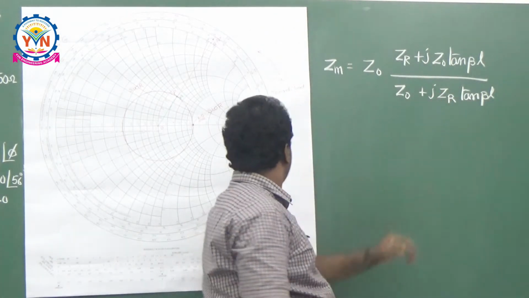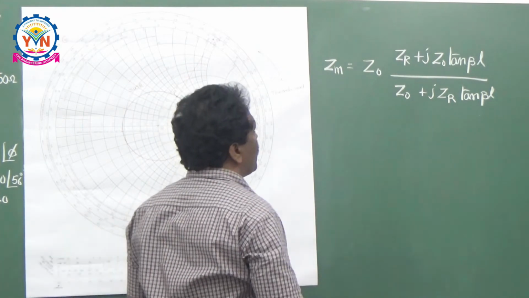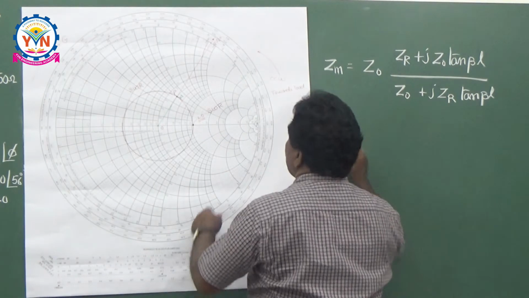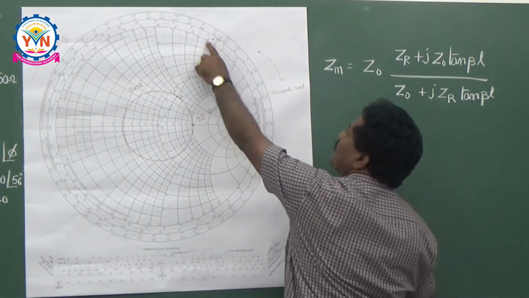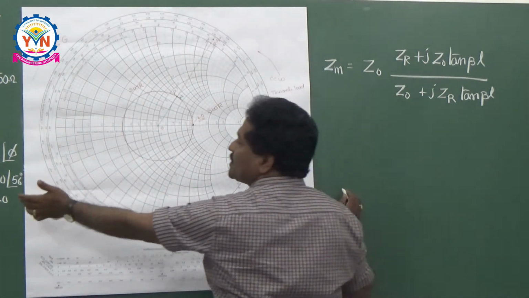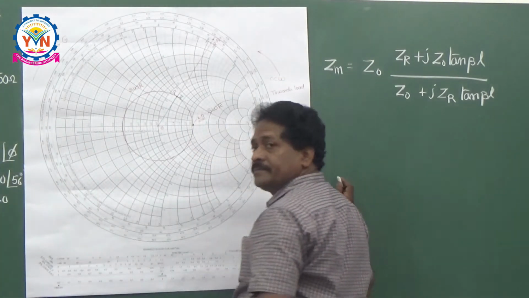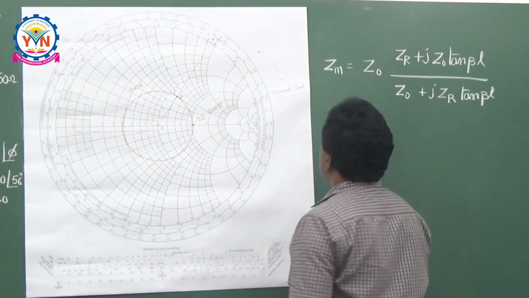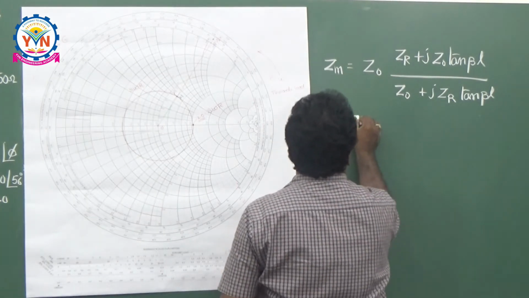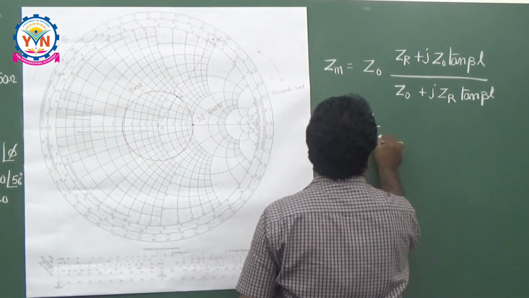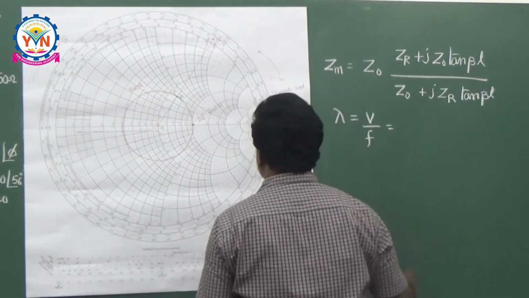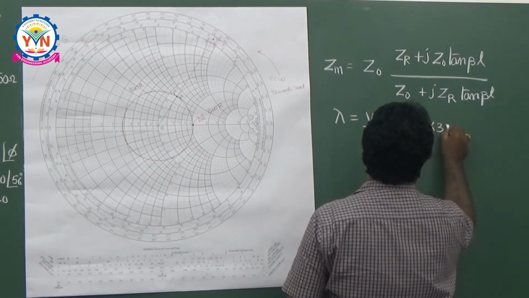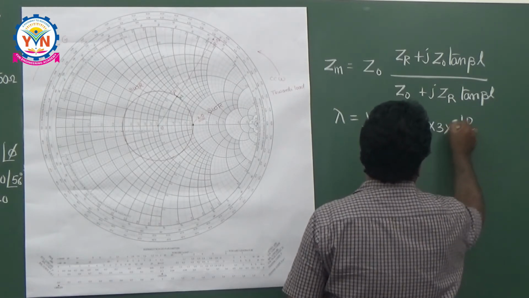So now, from the given data, you have to calculate what is lambda. Because the distances are always given in terms of lambda, but in the problem the distance is given in terms of meters. Try to convert into lambdas. So first of all, the wavelength lambda is equal to velocity by frequency. What is the velocity given? 0.6 V0. 0.6 into V0 means 3 into 10 power 10 centimeters divided by the frequency.